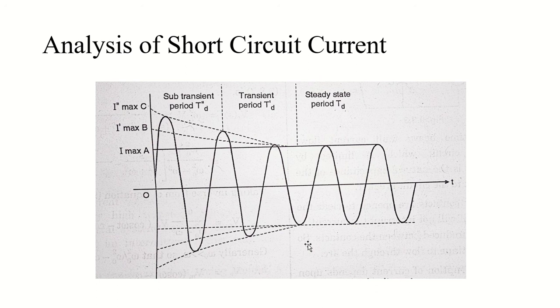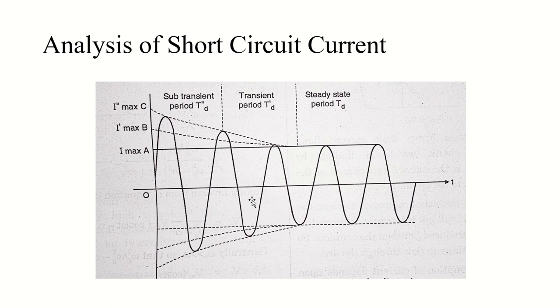Right. So basically, we can divide the short circuit period into three periods: subtransient period, as you can see, for a very small amount of time; transient period, which would be a little bit longer than the subtransient period; and then steady state period, which is almost eternal. In the subtransient period, the value of current would be too high.